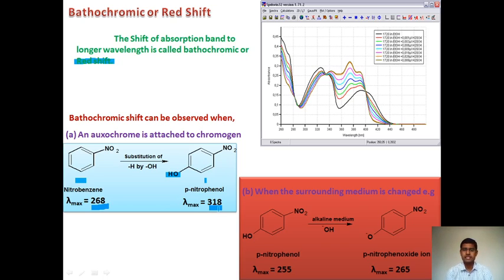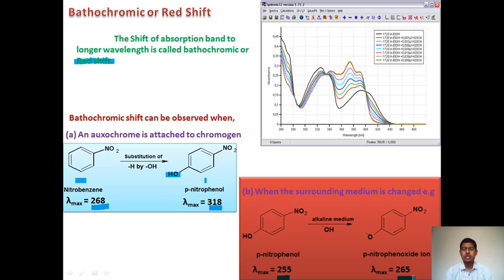Now, what is the next condition? When the surrounding medium is changed, for example, para-nitrophenol, if we add alkali or produce an alkaline medium, if base is added to that, abstraction of proton takes place. The lone pair on oxygen immediately brings about conjugation with the benzene ring and the absorption maximum gets shifted from 255 nanometer to 265 nanometer, that is, bathochromic shift occurs.